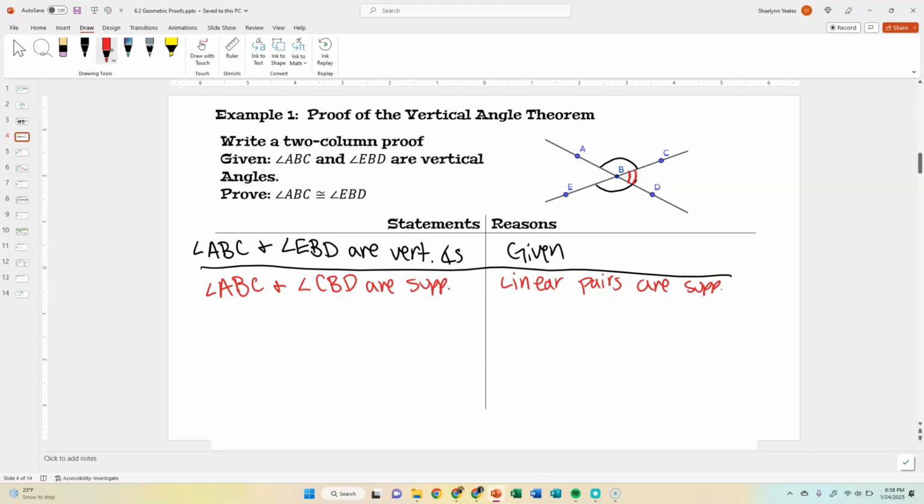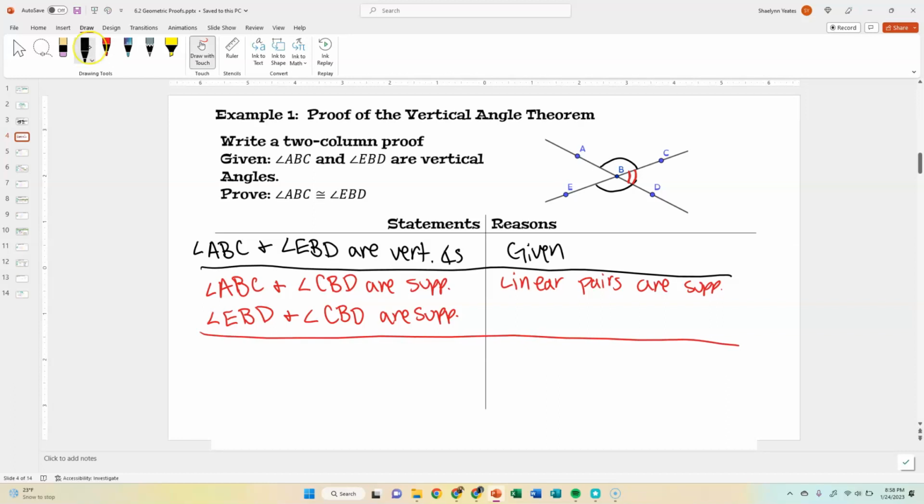Okay, and then we also have the other linear pair. So the angle EBD and angle CBD are also supplementary. Now there's this very cool postulate that is in our notes in 6.0 that says if two angles are supplementary to the same angle, then they have to be congruent to each other.